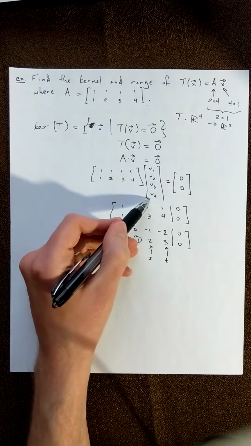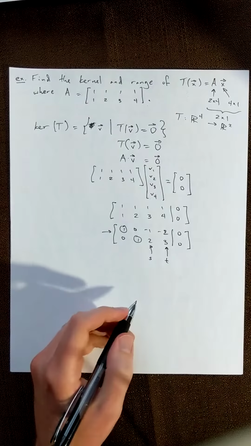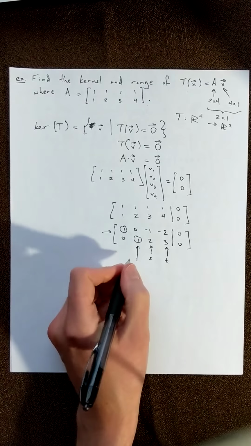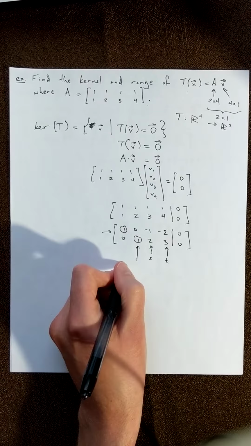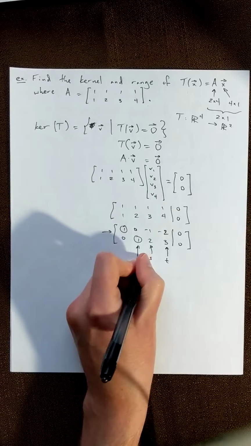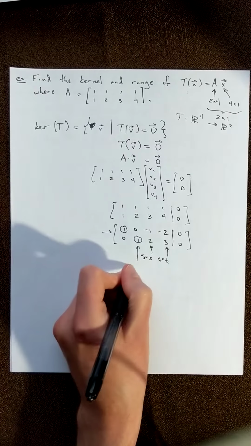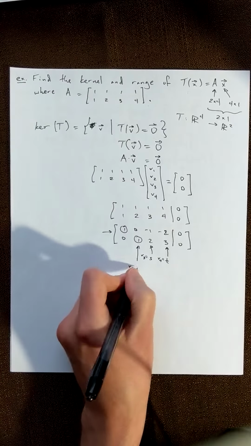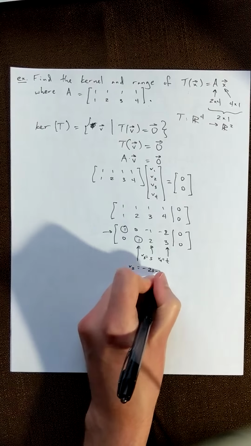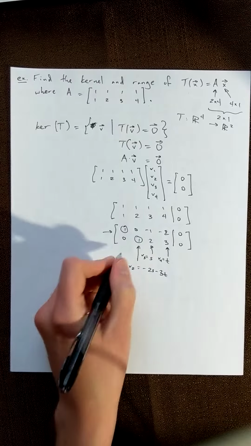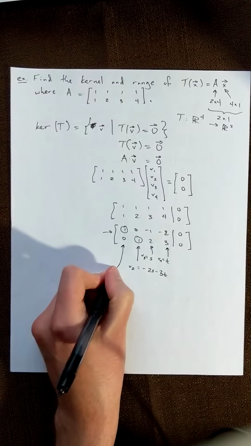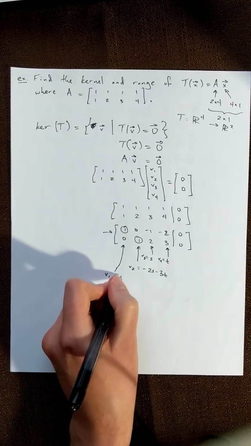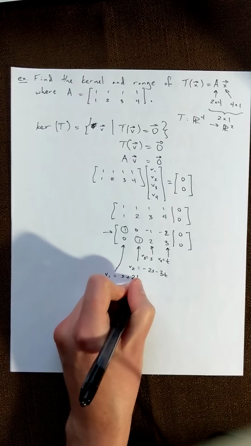The variables v3 and v4 could be whatever they want, but the other two variables are determined. This is going to end up being v2 plus 2s plus 2t is 0, so v2 is minus 2s minus 3t. v1, similarly, we're going to be able to come up with an equation. It's going to end up being s plus 2t.